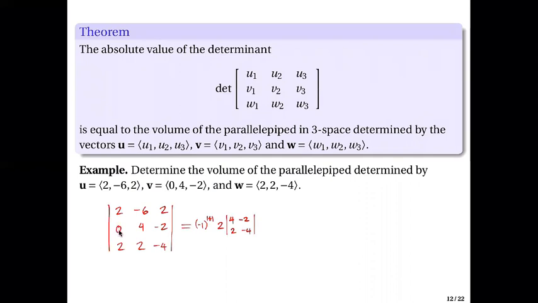And then this guy here is 0. And for this guy, you have plus -1 raised to 3 plus 1 times 2 times the determinant of -6, 2, 4, -2.